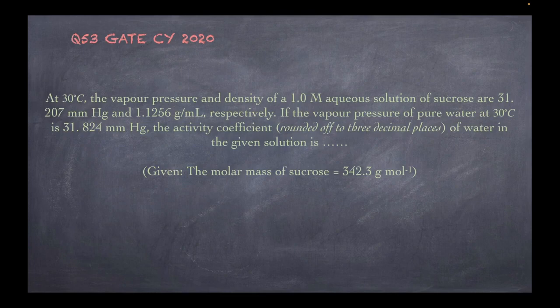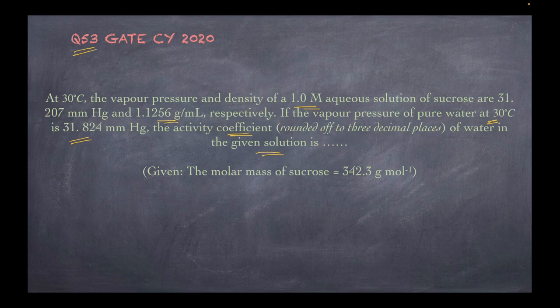So this is question number 53 from the 2020 paper, and the question is, at 30 degrees centigrade the vapor pressure and the density of a 1 molar aqueous solution of sucrose are 31.207 mm Hg and 1.1256 gram per ml. The vapor pressure of pure water at 30 degrees centigrade is also given, 31.824 mm Hg, and we have to find the activity coefficient of water in the given solution.